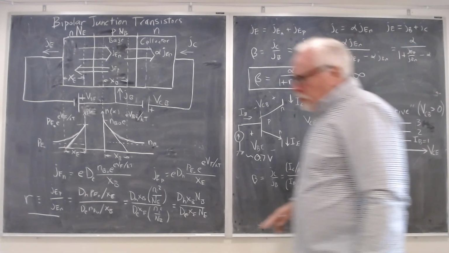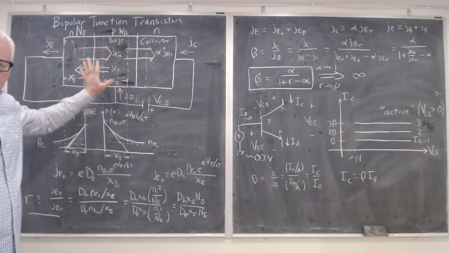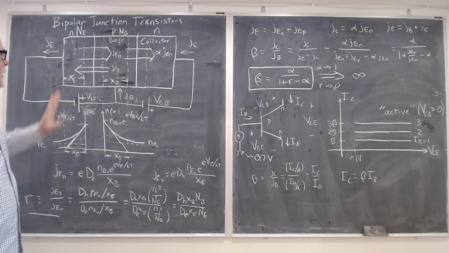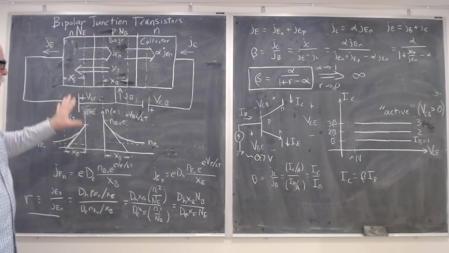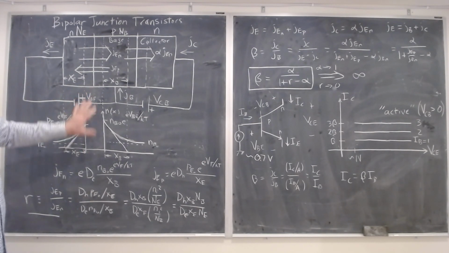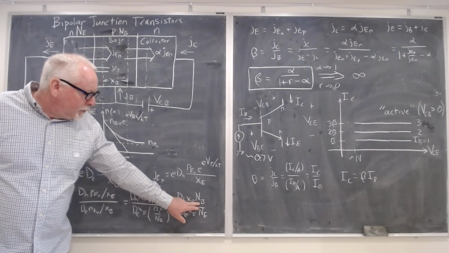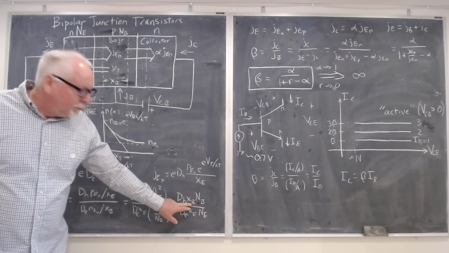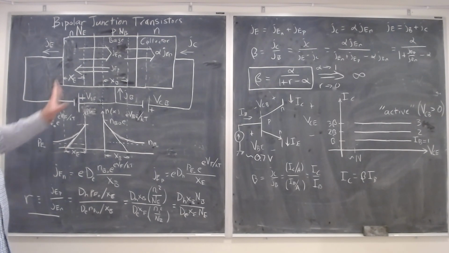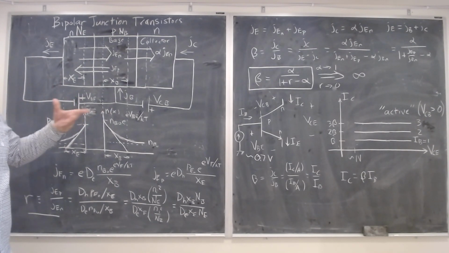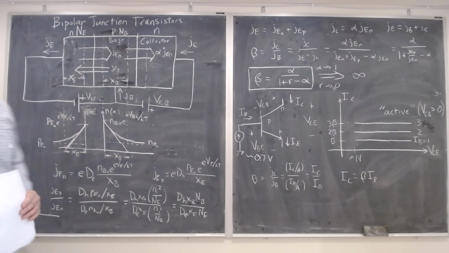Now, what we're also going to do next time is address an issue with this device, which has been solved by modern device fabrication, which is that in order for us to get high gain, we not only want the base doping to be small, but we also want the base thickness to be small. And that can lead to a certain problem when operating this device as a high-speed device. And I'll explain next time how that's fixed in modern electronics. Okay, that's it for today.